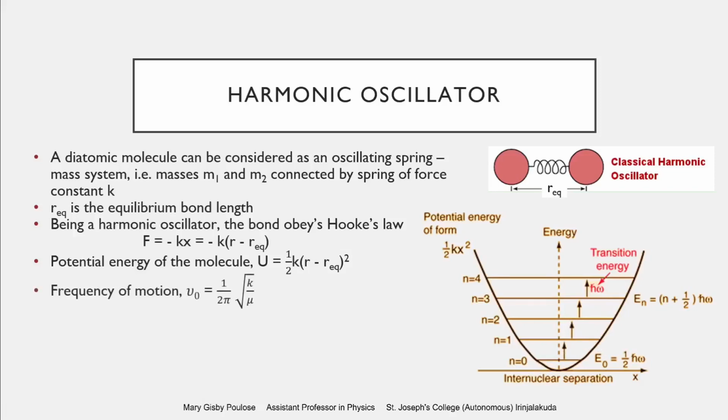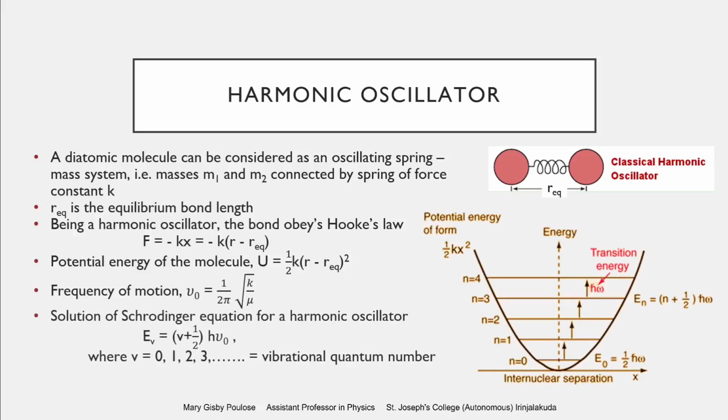Now, the frequency of that oscillation, nu naught, will be equal to 1 by 2 pi root of k by mu, where k is the spring constant and mu is the reduced mass. To identify the energy of that vibration, we solve the Schrodinger equation for the harmonic oscillator, and we obtain the final relation as the vibrational energy Ev equals (v plus half) h nu naught.